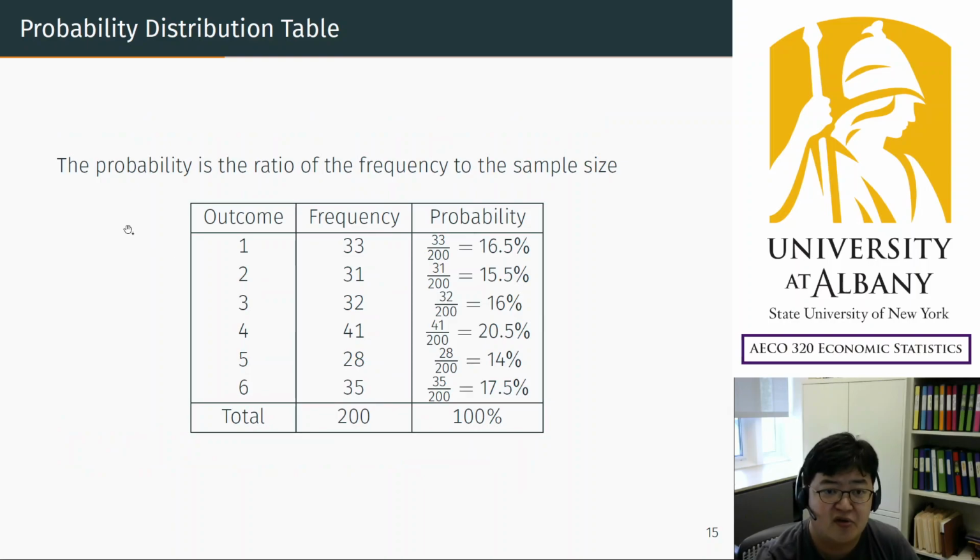And one step further, you calculate the probability based on the frequency by dividing them by the total number of experiments, the sample size. So that means I said 1 happened 33 times out of 200. So 33 out of 200 is its probability, which is 16.5%.